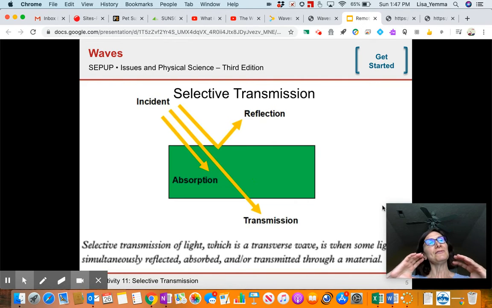So the idea of selective transmission is the energy from the sun transmits from the sun's surface to the Earth's surface. That is an electromagnetic wave traveling 96 million miles to reach the Earth. When that electromagnetic wave reaches the Earth, some of the energy is absorbed, some of the energy is reflected, and some of the energy is transmitted through.